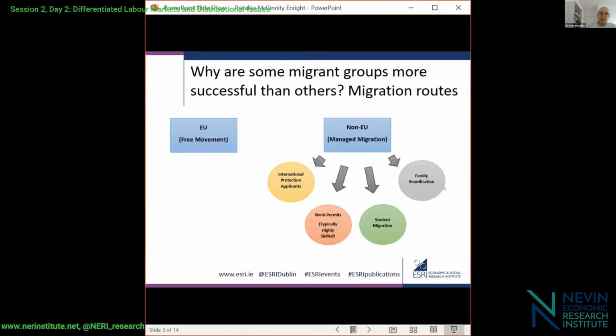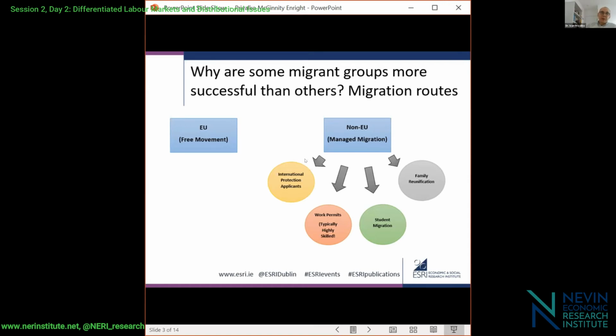In general, we think that migrant routes into Ireland are important. Although measures like human capital and time spent in Ireland are strong predictors, we suspect that the method migrants use to arrive in Ireland will have lasting effects which go beyond those measures, like their education or their English language ability. These effects are like the scarring effects that you sometimes hear of in long-term unemployment research.